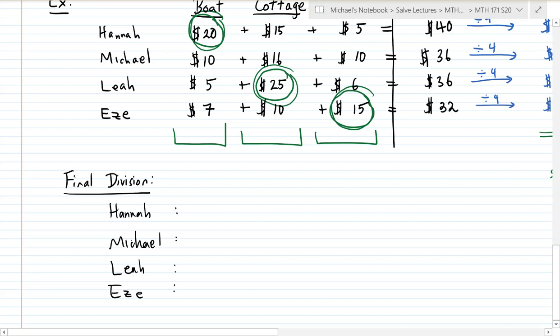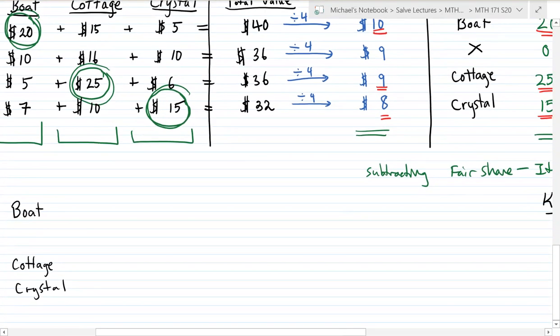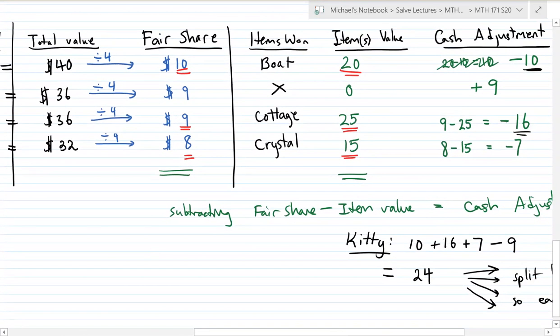And so the first thing we'll do is we'll just write all the items they got. Right, so Hannah got the boat, Leah got the cottage, Aze got the crystal, Michael got nothing, right?